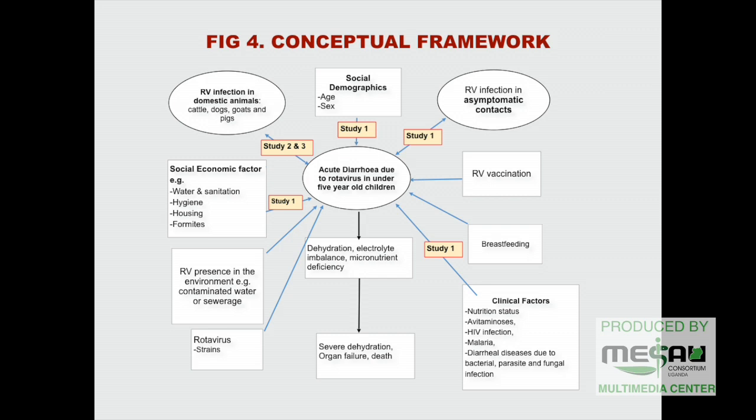We looked at possible causes of rotavirus: socioeconomic factors and the presence of a contaminated environment. We thought these factors may also affect the way acute rotavirus presents. I've already mentioned that breastfeeding may be protective against rotavirus infection. We also thought there might be transmission of rotaviruses from asymptomatic household contacts to these children, and also transmission from the animals. These informed some of the studies which we carried out.